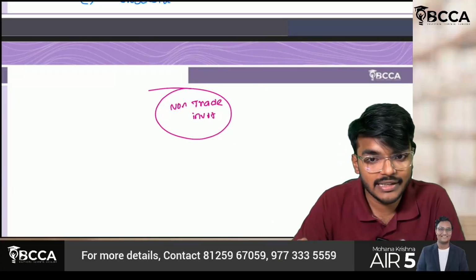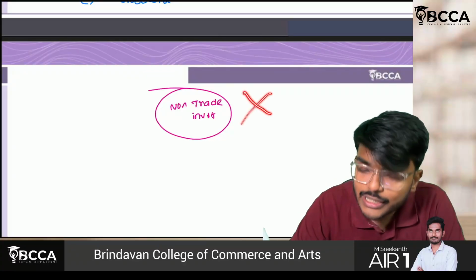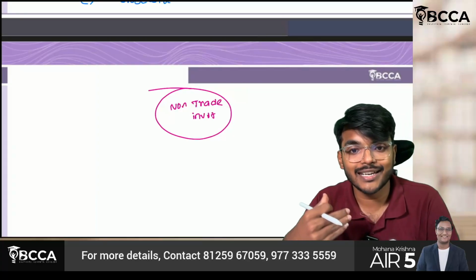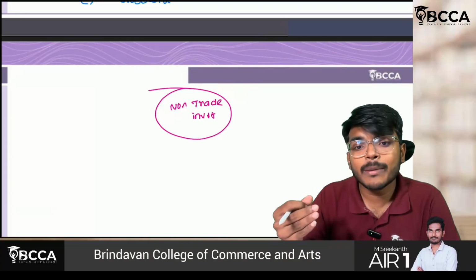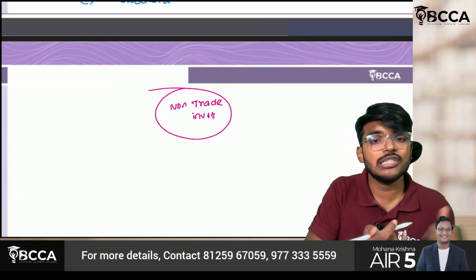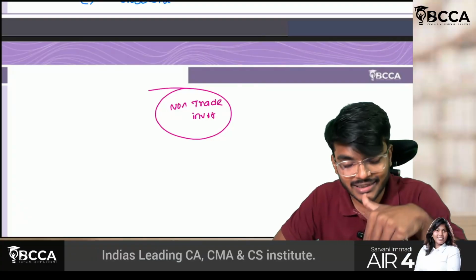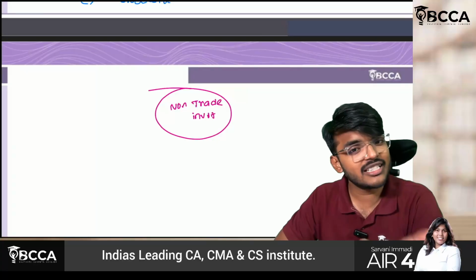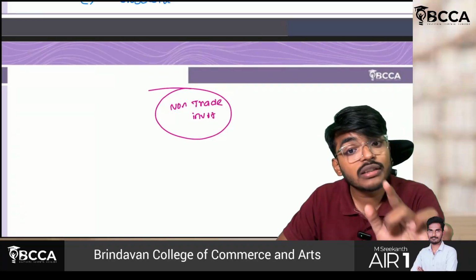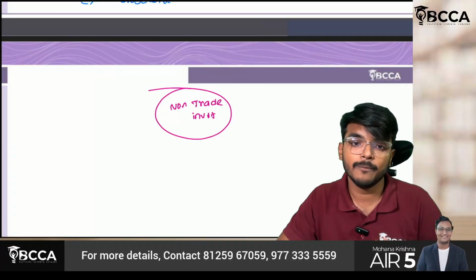So what I have said is, while calculating capital employed for the purpose of goodwill, I asked you to exclude these non-trade investments. If you remember, sir, I, as a stationery business, have made some investments in Geo Limited. What is the difference between stationery and investment in Geo Limited? That's why I have said that if you want to calculate the goodwill of a stationery company, stationery shop, your investment in Geo Limited will be of no use. So you have to ignore that. That's the logic which I explained while calculating the capital employed for the purpose of calculating goodwill.